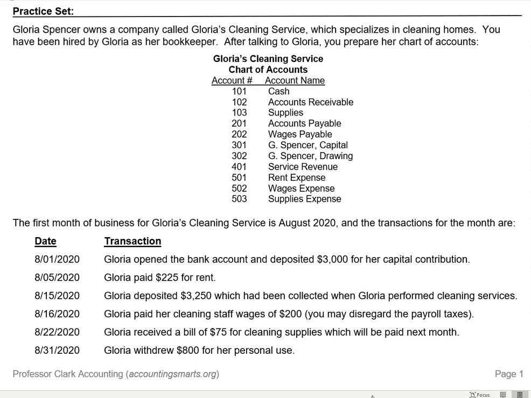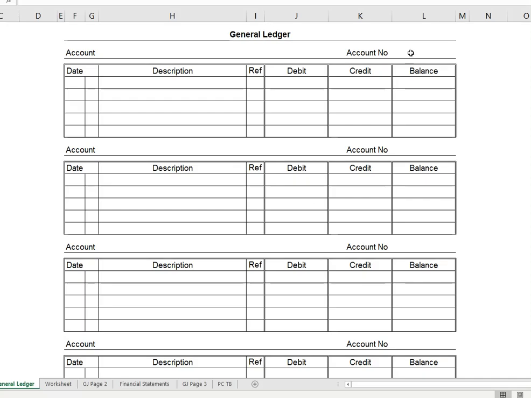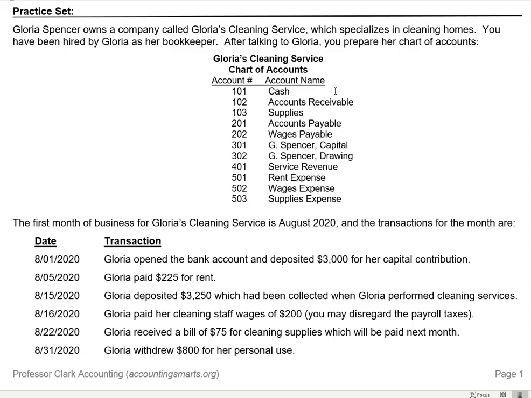So our first one is cash, and it is account 101. So let's go to our worksheet. So it's account 101, so we're going to put 101 here, and it's cash. All right, so next, let's go back to here. So our next account is 102, and that's accounts receivable.